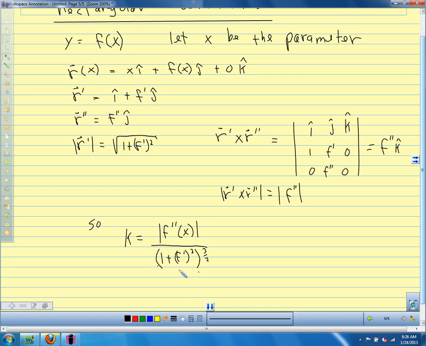So this is how we would compute our curvature if we have a curve in the plane defined in rectangular coordinates.